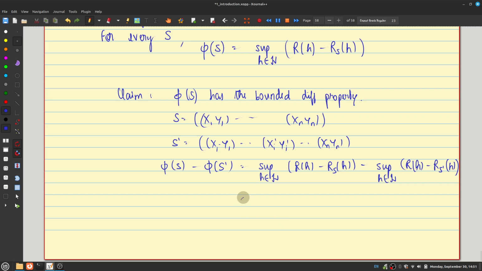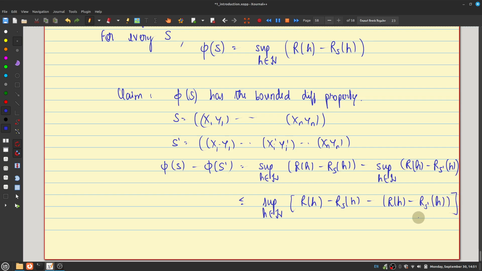But I claim that this is less than or equal to the supremum over all H in H of R of H minus Rs of H minus R of H minus Rs prime of H. Why is that true?